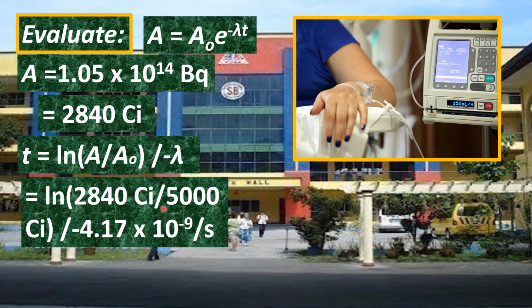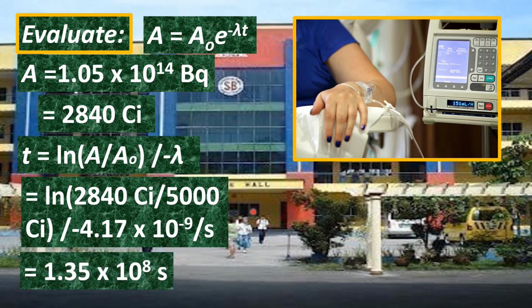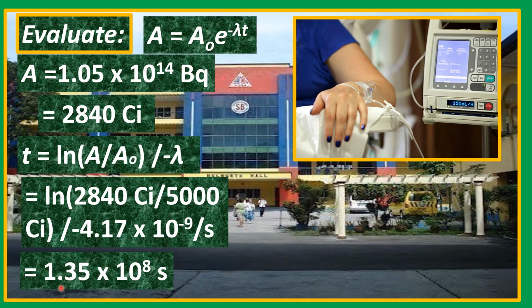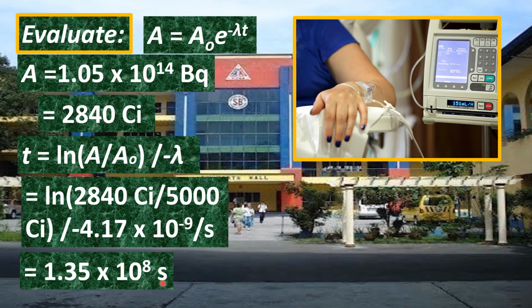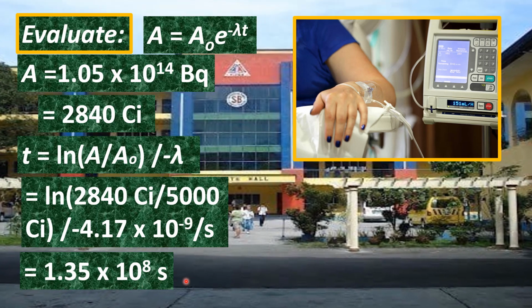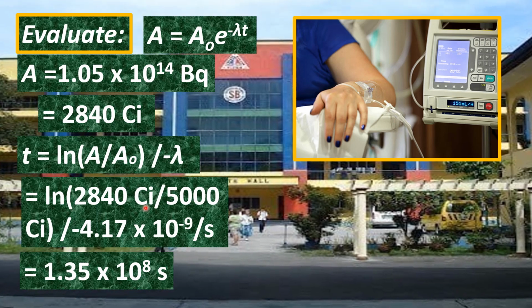So doing our math, we will get the value for the time t equal to 1.35 times 10 to the 8th power seconds, which jives with our earlier calculation for the time elapsed t.